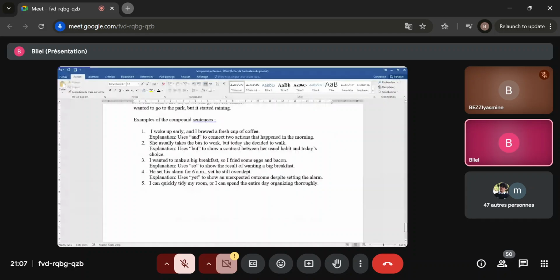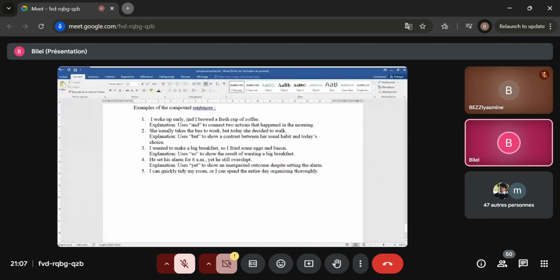Examples of the compound sentences. The first one, as you can see, the independent clause: we have got the subject, which is I, the verb, woke up, and an adverb, early.